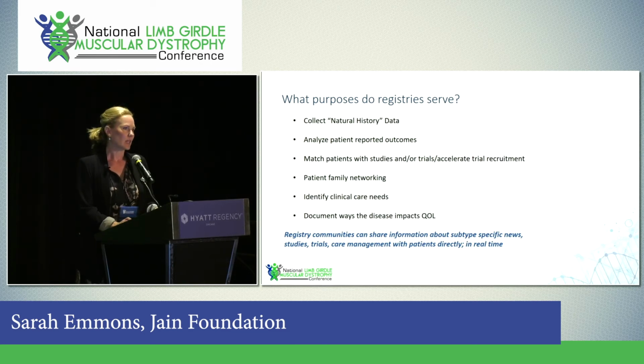Identifying clinical care needs is a huge part. With our registry intake process, one of the advantages of having a small community, a small population of people, is that we can have one-on-one conversations, and we can listen to people individually. So we get to hear about what's happening with diagnosis, or what isn't happening at clinic, or you may not be going to a doctor who's really well versed with the limb-girdle muscular dystrophies.